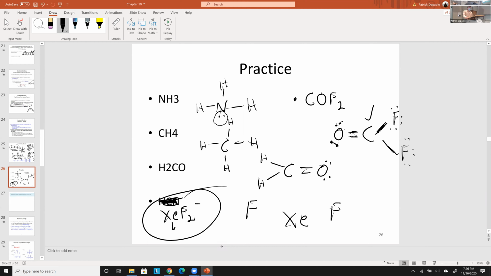So xenon has how many valence electrons? It's a noble gas, right? How many is that? 8. Yeah, perfect. Fluorine is 7. So there's 2 of them, so that's 14. And then you're going to add another one.